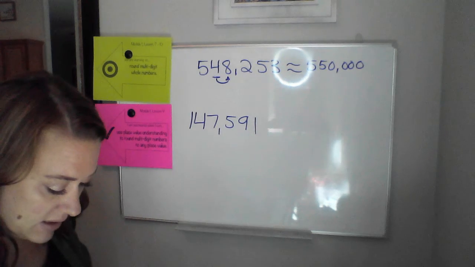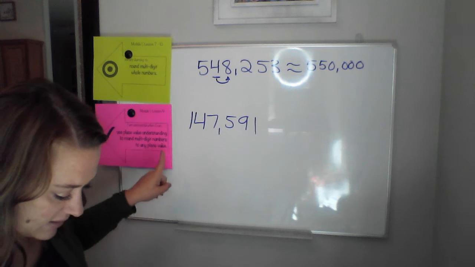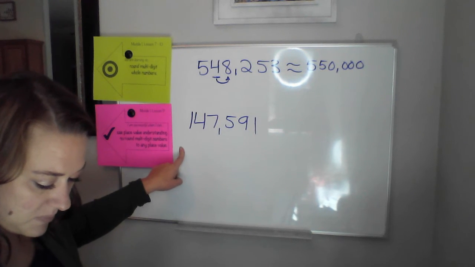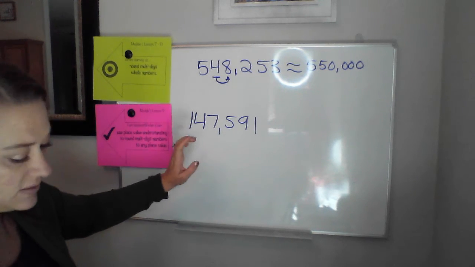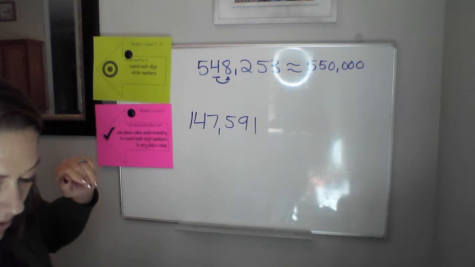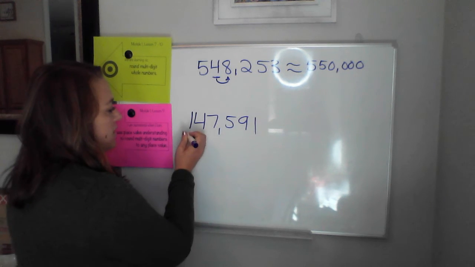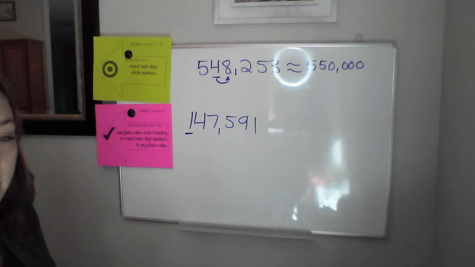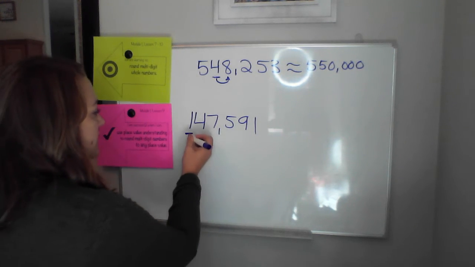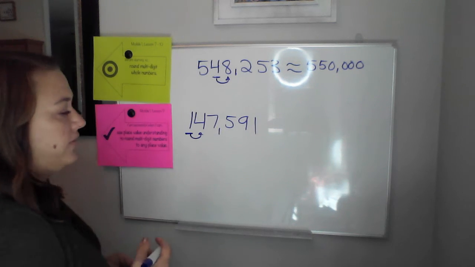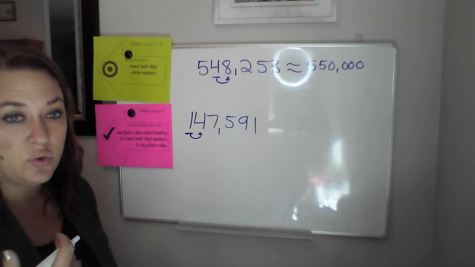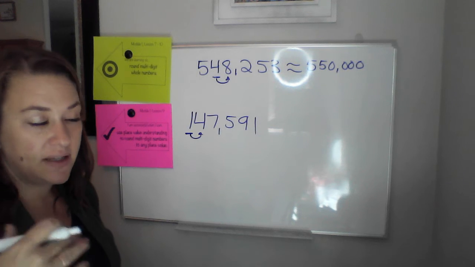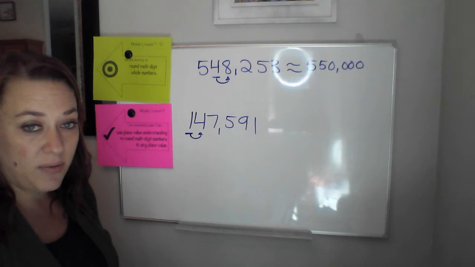Okay. So our next number is 147,591. We're going to round this to the nearest 100,000. Okay. So we're going to look to the right. We have a 4. Think of your rounding rules. So 4 is less than 5, which means we're going to round down.